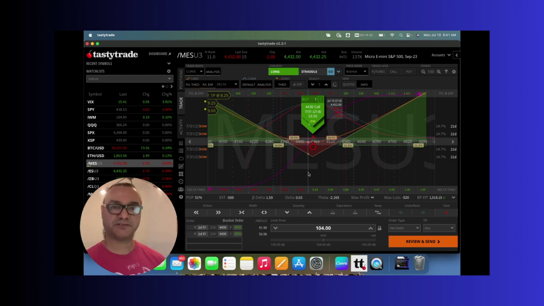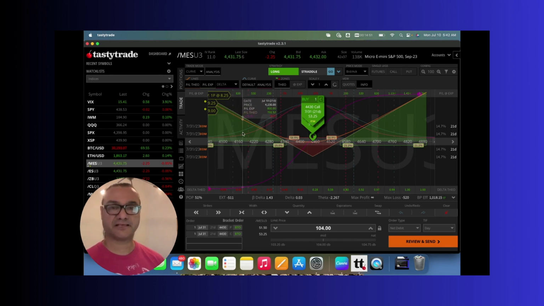I want volatility to increase. I don't care about the direction of the market in the future. What I want is for it to move a lot, either to the upside or to the downside, so that way it can get into either one of these profit tents in the green.